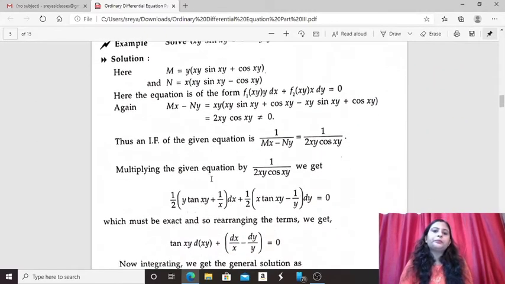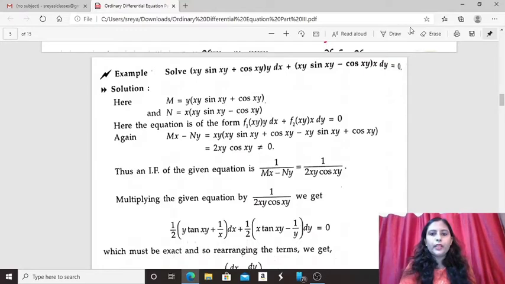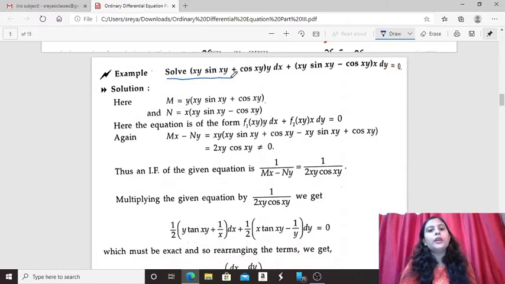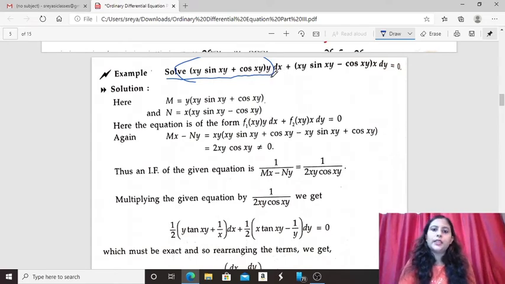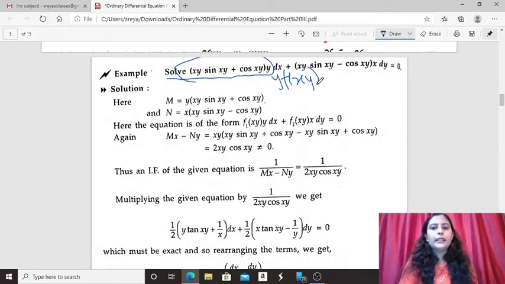Here we can see that the equation given is xy into (sin xy plus cos xy), a whole bracket, and after that we have multiplied y to it. So this equation can be written in the form of y into a function of xy, surely, right? Similarly, for the next part we are multiplying x and writing a function of xy.